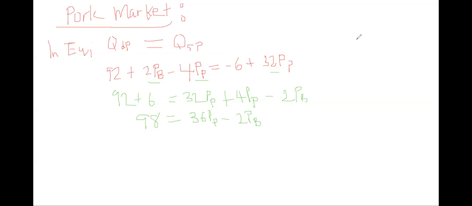So we can restate this as 36 times the price of pork minus 2 times the price of beef equals to 98. So this is our equilibrium equation in the pork market.